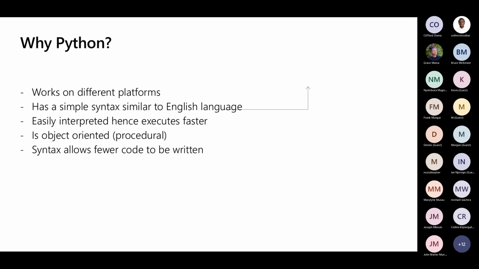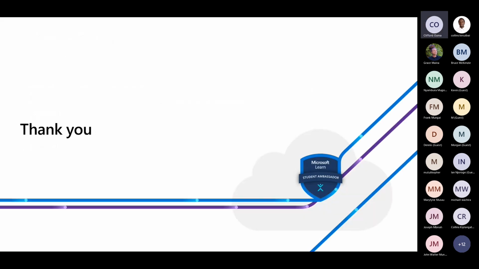Apart from that, you write fewer lines of code. Compared to other languages, very little code is written in Python. So that's just a basic intro on what Python is, what Python can do, and why Python.